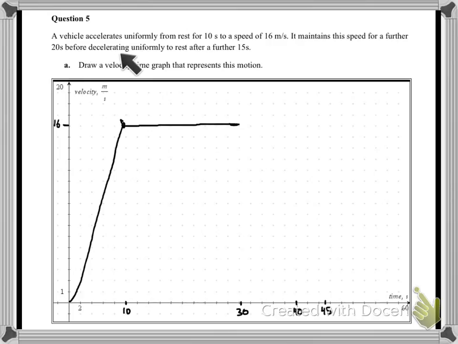Now let's decelerate uniformly, which means constant deceleration, linear, straight line. And we're going to go to rest. Now rest means 0 again, velocity is 0 down the bottom. And we're going to do that over a further 15 seconds, say from 30 to 45 seconds. We're going to have a straight line going down. And we end up with a trapezium. Yeehaw!